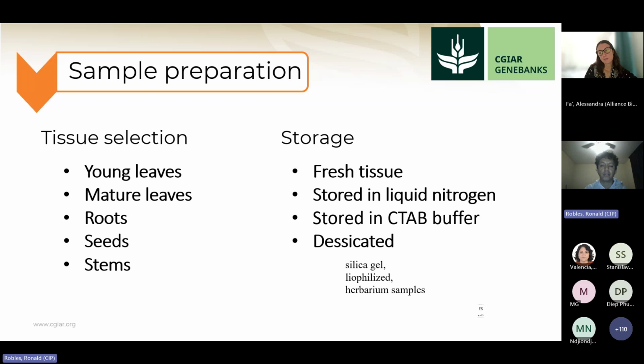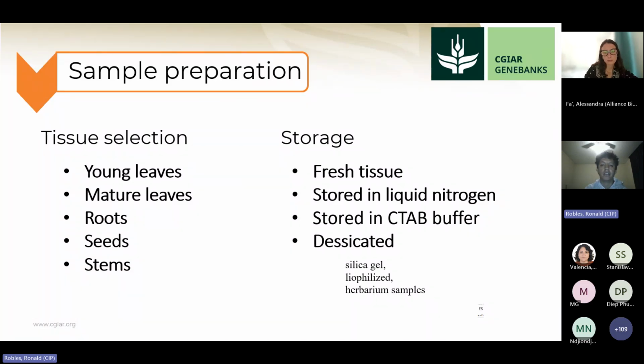And the second moment is related to how you will store and maintain the collected tissue from the field, from the greenhouse, or maybe you are making a collection in another area, and how you will store and preserve that collected tissue until the moment in which you will do the DNA extraction.